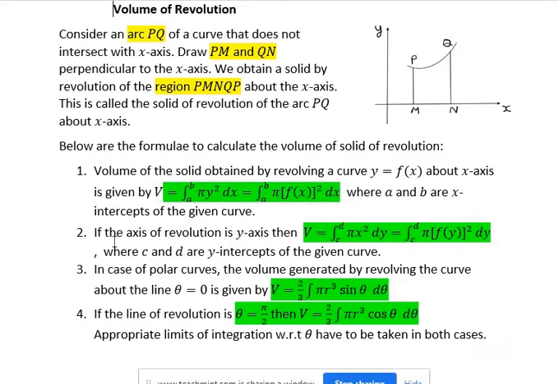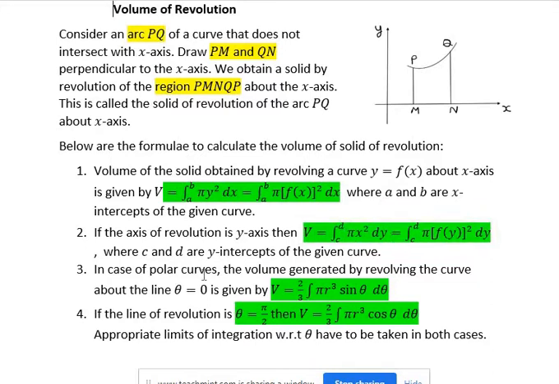And second, if the axis of revolution is the y-axis, then the formula to find the volume is V equals integral c to d pi y squared dy, which equals integral c to d pi of f of y whole squared dy. If the curve is x equals f of y, then the volume will be found by using integral c to d pi x squared dy.